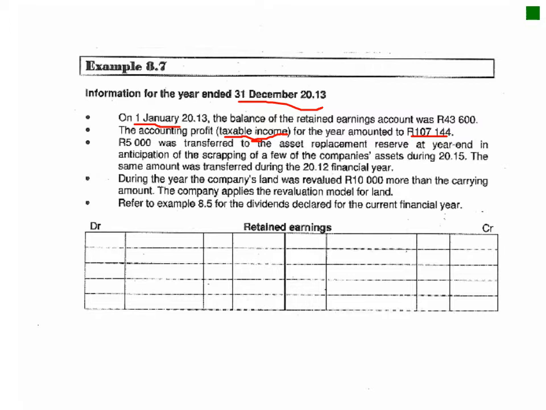During the year, the company revalued land by 10,000 more than the carrying amount, and the company applies the revaluation model. And in example 8.5, there are dividends that were declared, and we're going to account for those dividends in the retained earnings account.